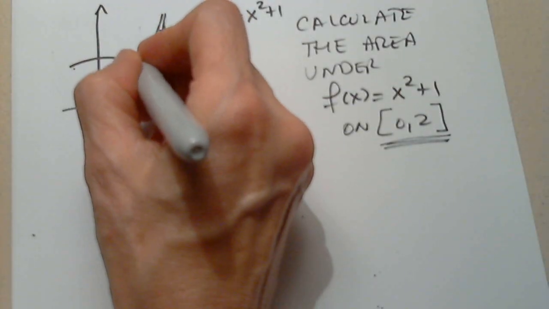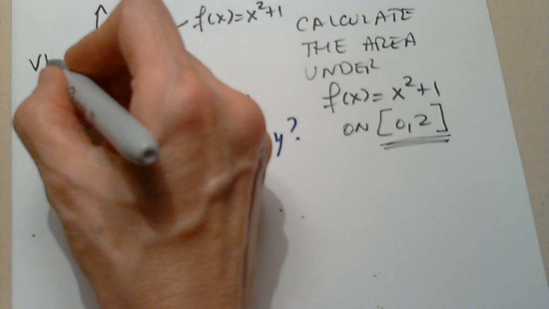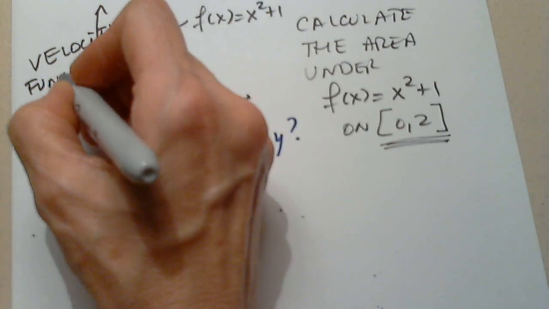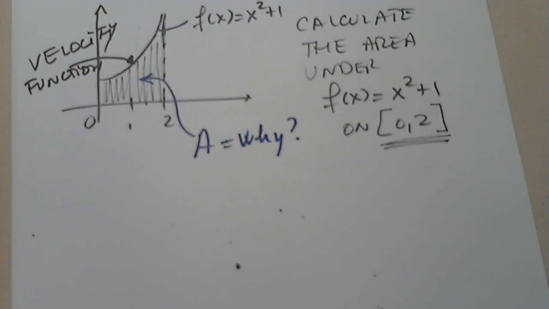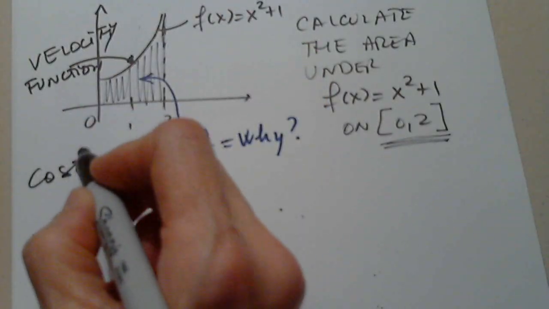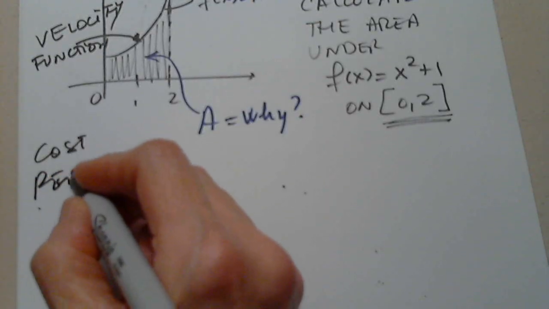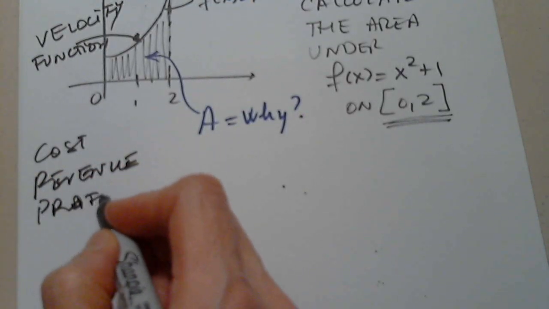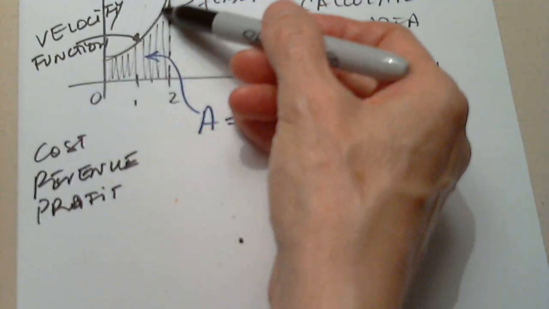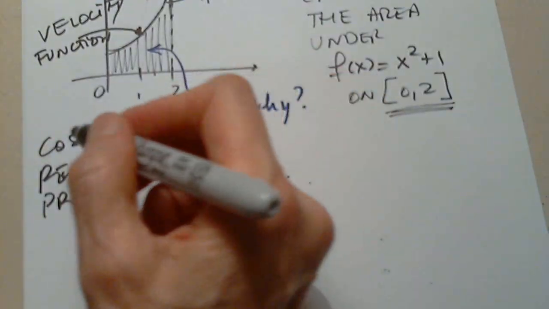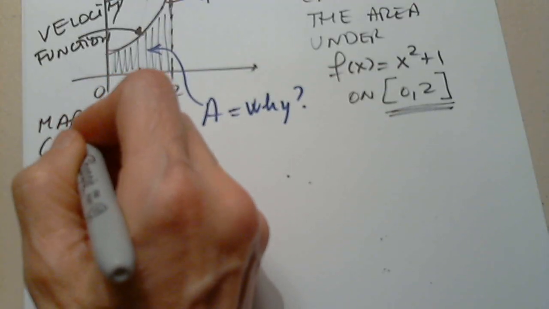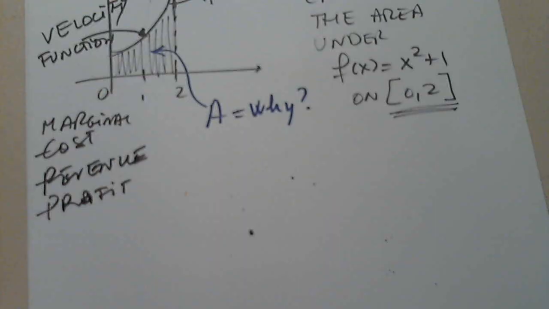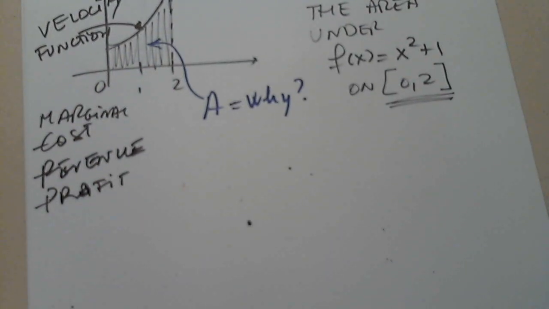Assuming that this graph, this function, is the velocity function, let's assume it is, or if you want cost function, or revenue function, or profit function, of course marginal cost, marginal revenue, and marginal profit, because it has to be a derivative.